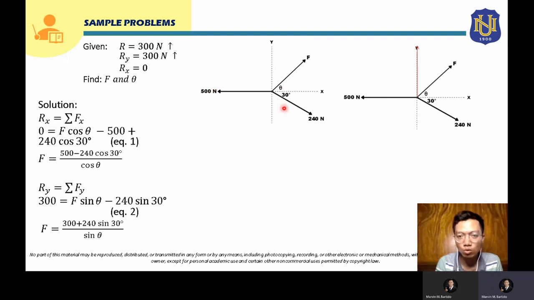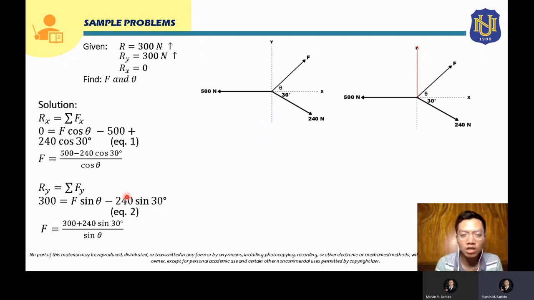Okay, so let's proceed to 240 Newton. The vertical component for this will be 240 sine 30 degrees. Since it is directed downward, it will be negative here. So this will now be the second equation. From the two equations, we can solve for the value of F and theta.